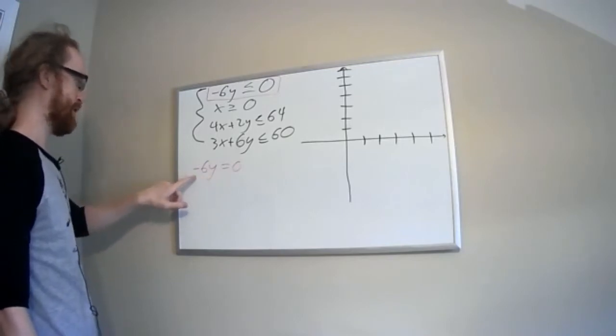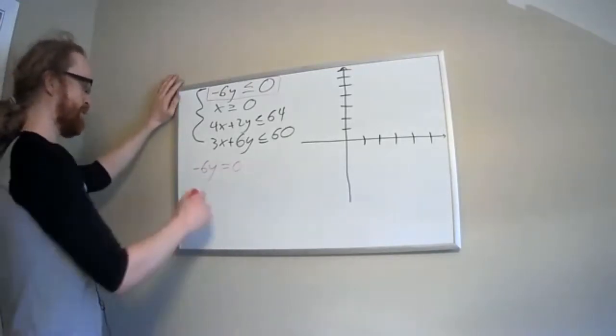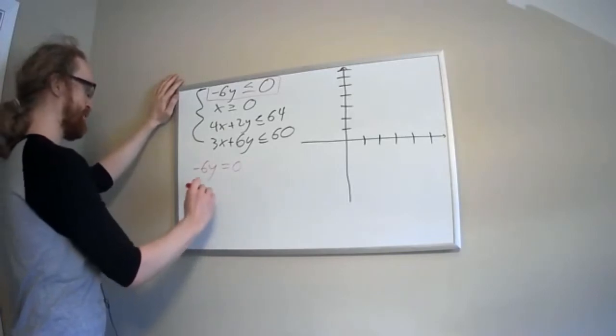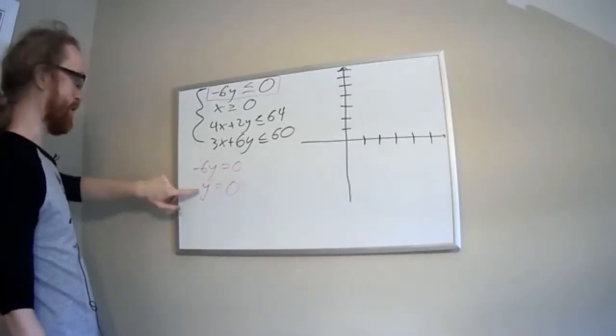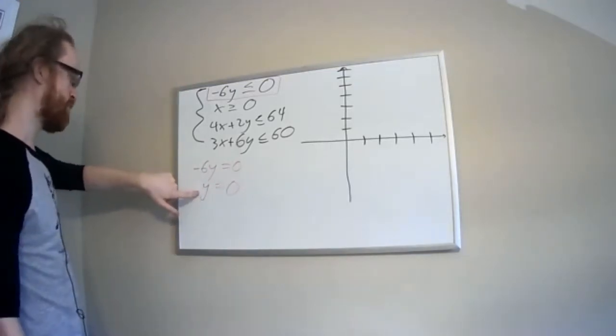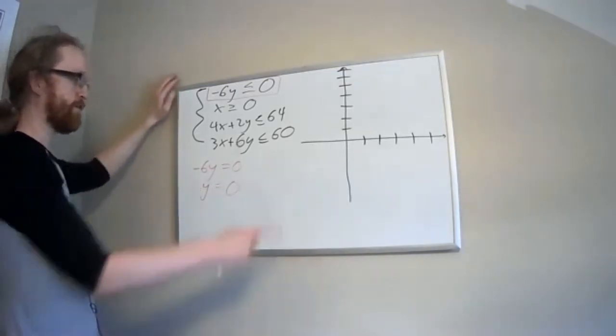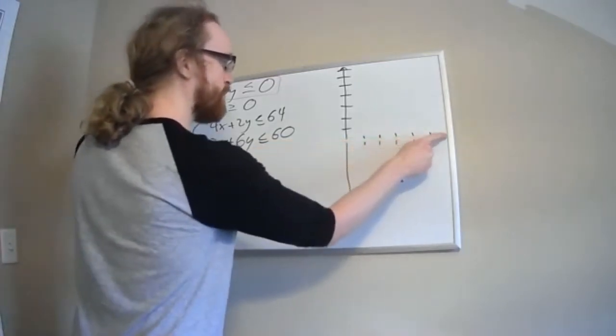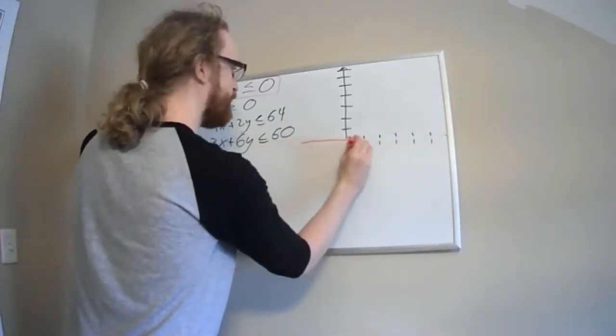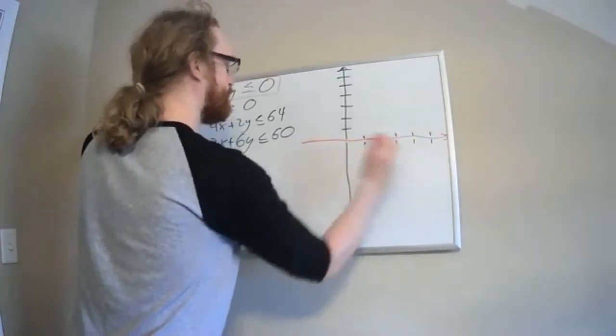So where is it true that negative 6 times y is equal to 0? If I just divide both sides by negative 6, I'll get y equals 0. So I'm really looking for the line y equals 0. And if you remember, y equals 0 is just the x-axis. That's this horizontal line, where the y coordinates are 0. So this first line is just the x-axis.